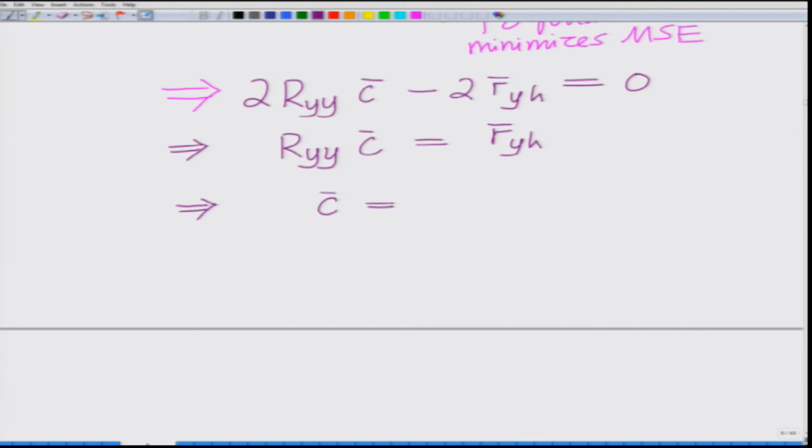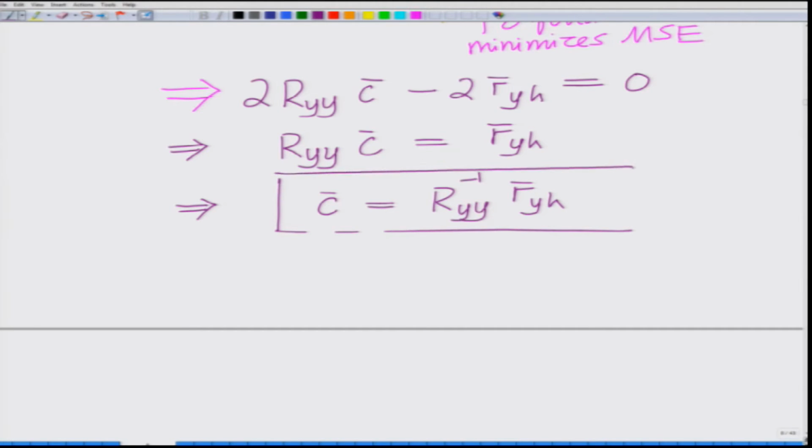This implies, this is a system of linear equations, therefore C bar equals R yy inverse R bar yh. Okay.